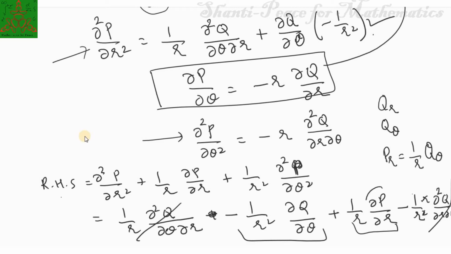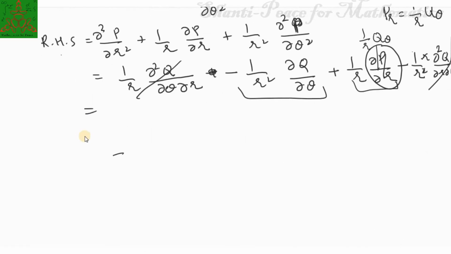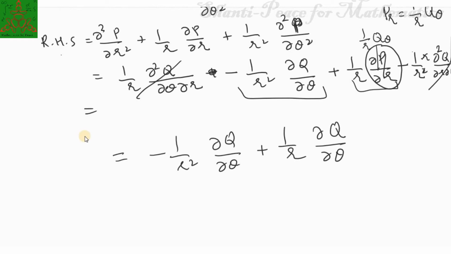So if you substitute p r, that is del p by del r as 1 upon r q theta, here you will have 1 upon r q theta, so it is plus, and you will have minus 1 upon r square del q by del theta plus 1 upon r square del q by del theta. Using the CR equation, that will give you 0. So we can say that P satisfies the Laplace equation in polar form. Similarly, you can prove that Q satisfies the Laplace equation in polar form.